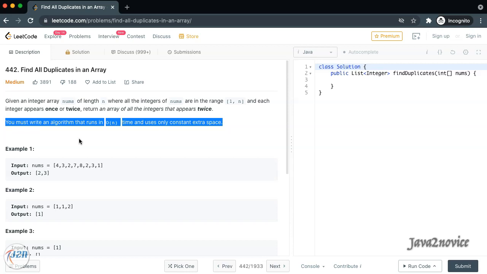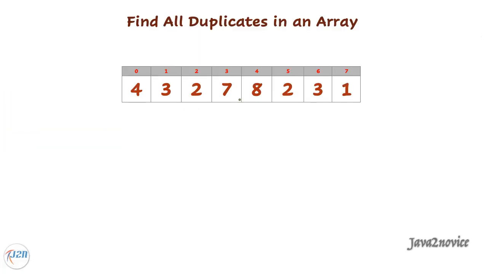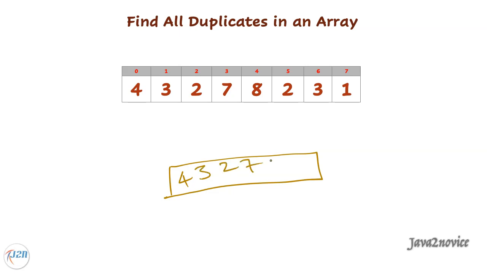Let's discuss the logic now. Assume that this is our input array. The simplest way to solve this problem is by using a hash set. We will iterate over this array and add elements one by one into the hash set, like 4, 3, 2, 7, 8.